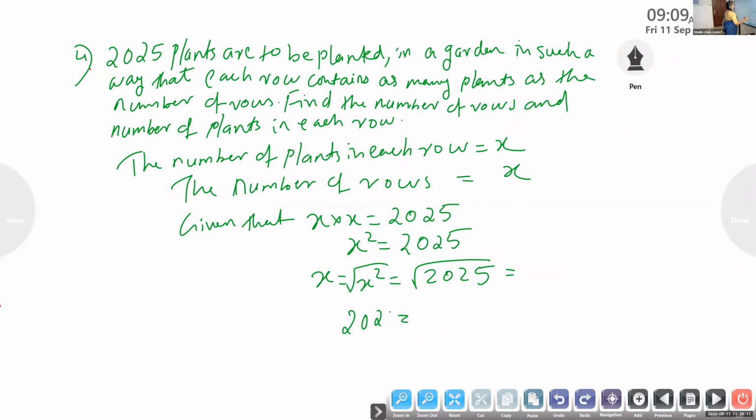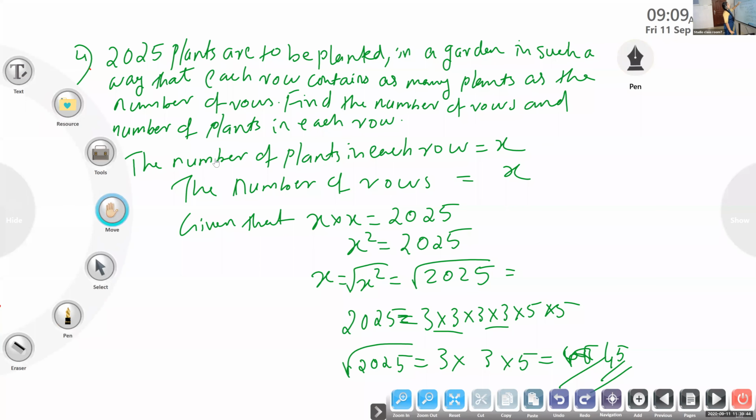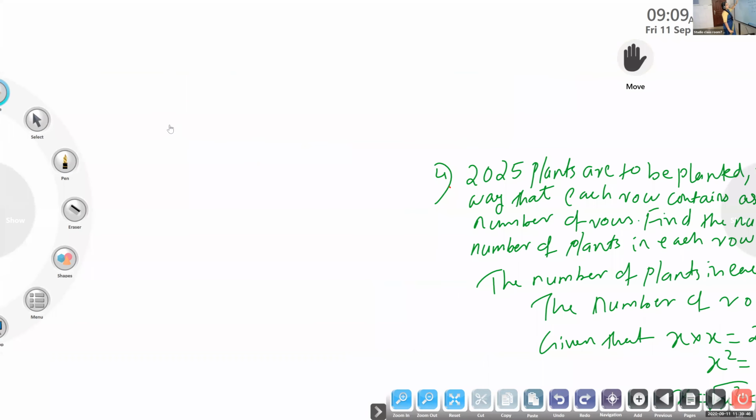Factors are 3 into 3 into 5 into 5. So root of 2025 equals 3 into 3 into 5, 45. Therefore, the number of rows is equal to 45. The number of plants in each row is also equal to 45. Write the answer in that way.